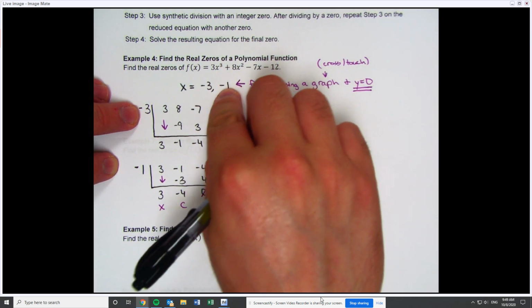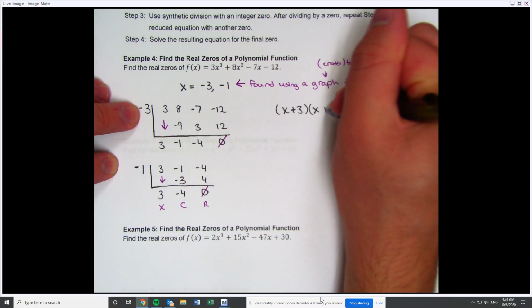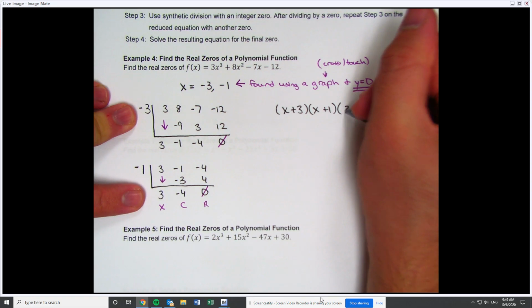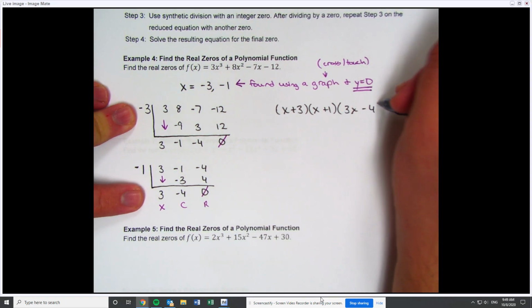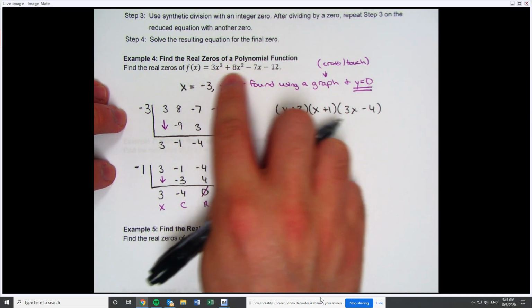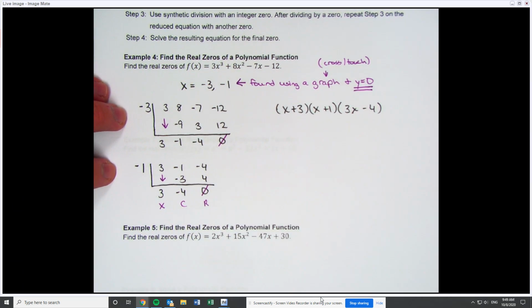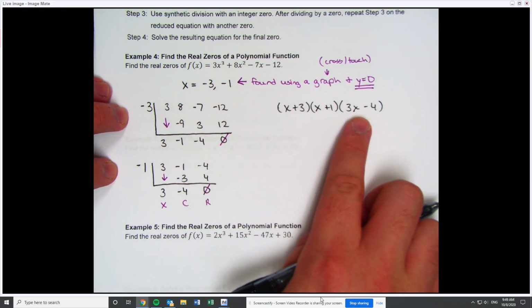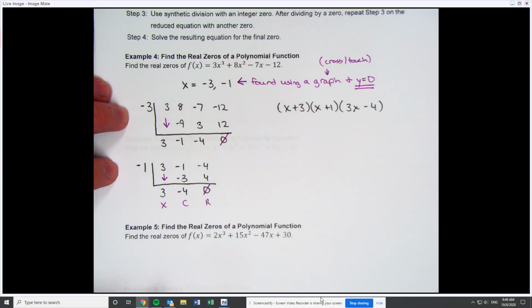This is a factor. Moving it over is x plus 1. This is the missing factor, 3x minus 4. This is the fully factored version of that one right there. These two came from the zeros that we found. This came from the synthetic division.